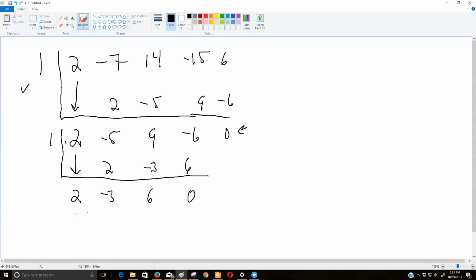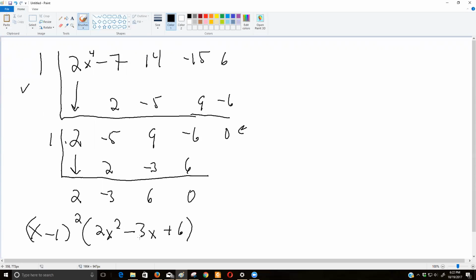So what I've got so far is x minus 1 times x minus 1, or I'm going to write it as x minus 1 squared. And then since I originally started with an x to the 4th function, and I've divided off x minus 1 twice, I'm going to have 2x squared minus 3x plus 6. Now, I would normally try to factor this, but since I already looked at the graph, I know it never crosses the x-axis again.